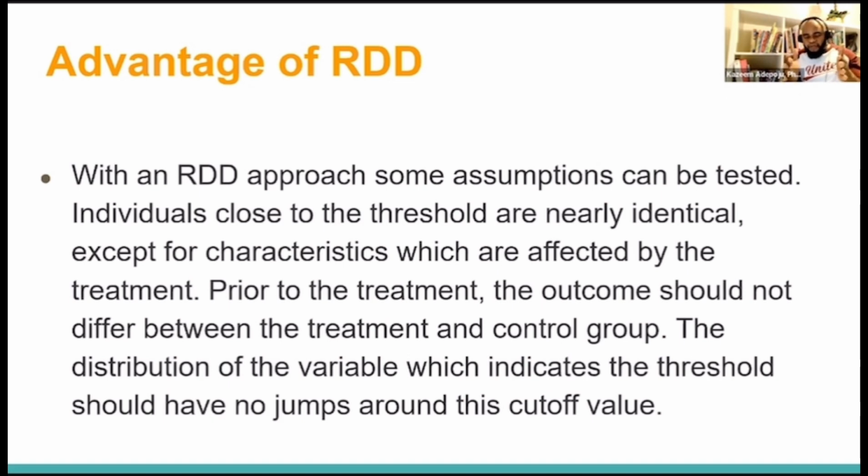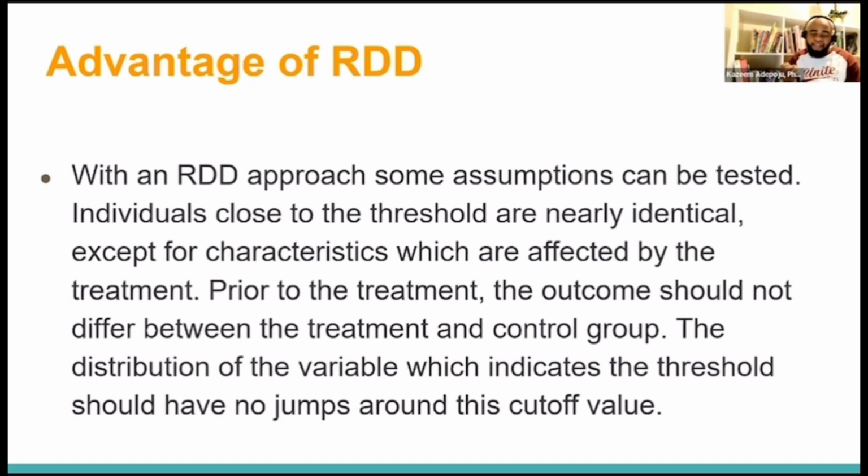If we have a threshold, individuals close to it on the right side and individuals close to it on the left side, we basically conclude they are nearly identical, except for certain characteristics which are affected by the treatment.